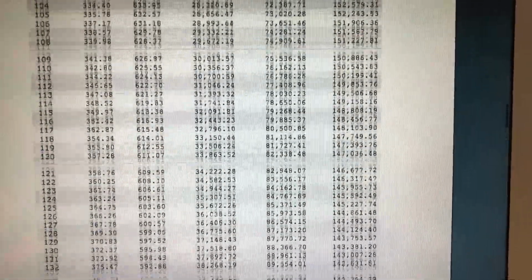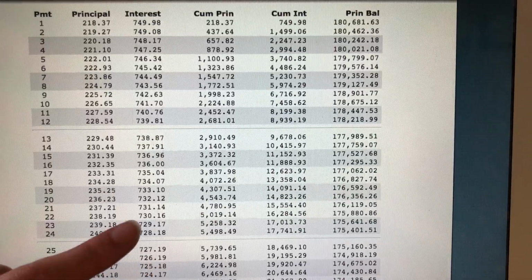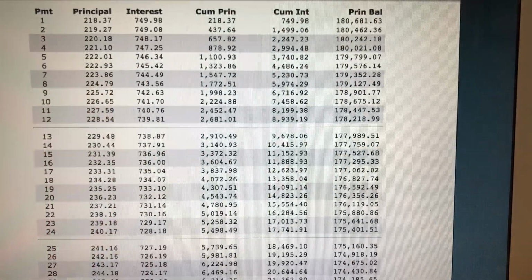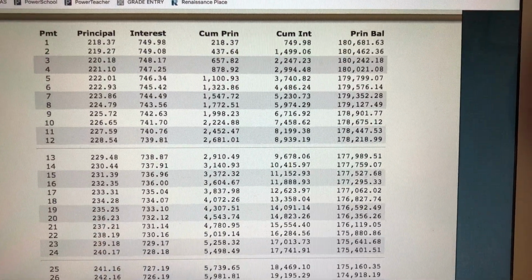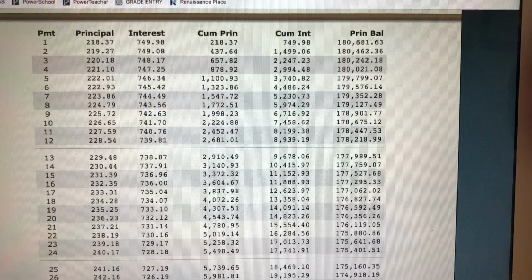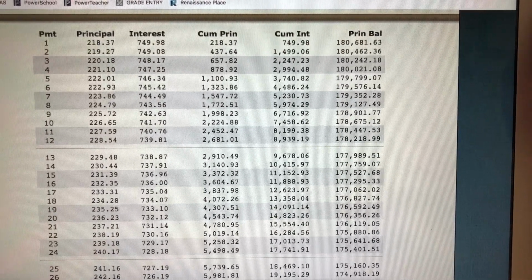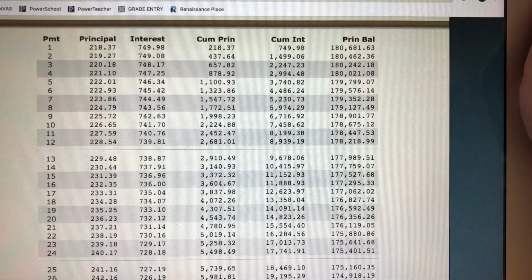Banks also do this for security. If people have hard times paying their mortgages, then at least the bank got paid a lot of the interest at the very beginning. So this is all for security reasons, right? If I were to let you borrow $100 and I said, you can pay me back in 30 years, but you have to give me $200, but I want a monthly payment every month, I'm for sure going to ask you to pay more of that extra $100 at the beginning because I want to make sure you're trustworthy.